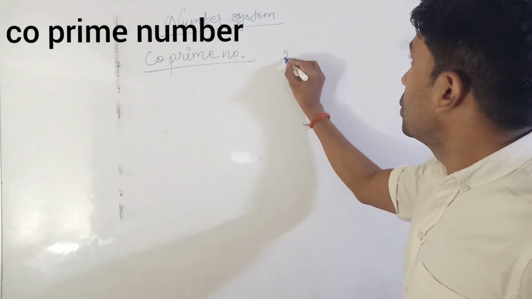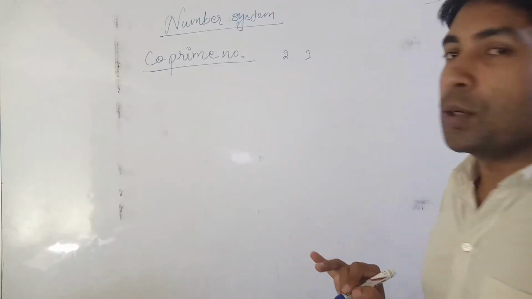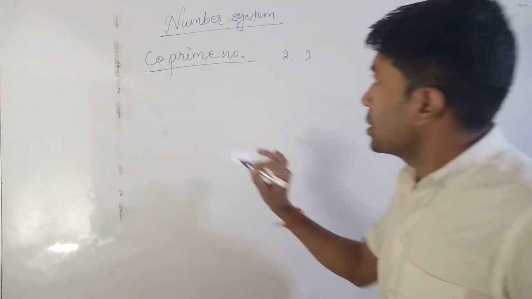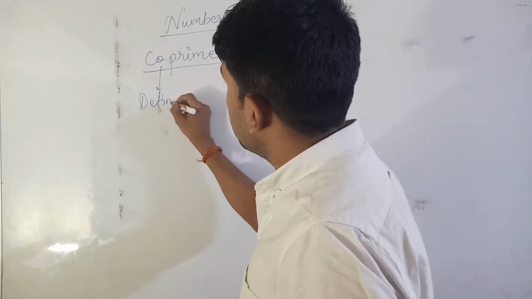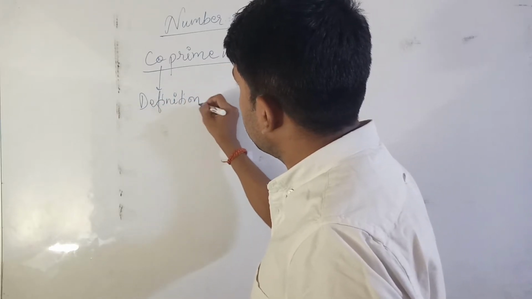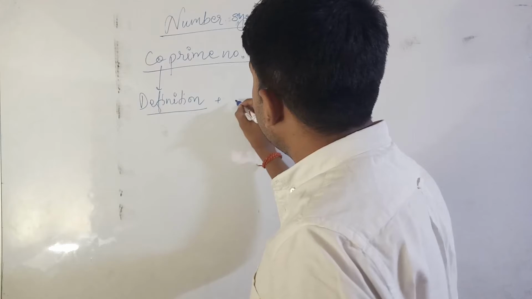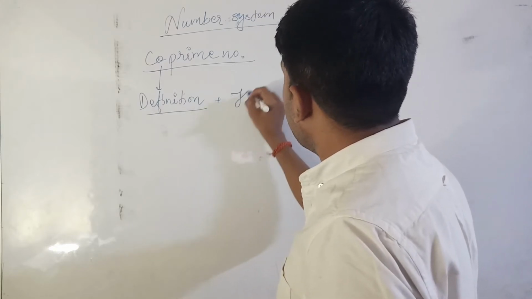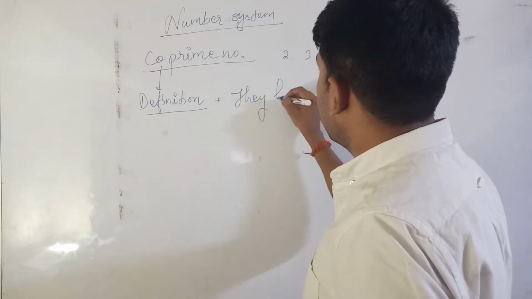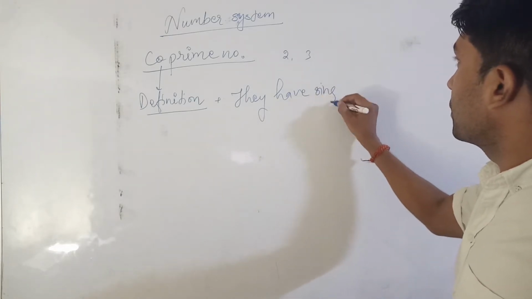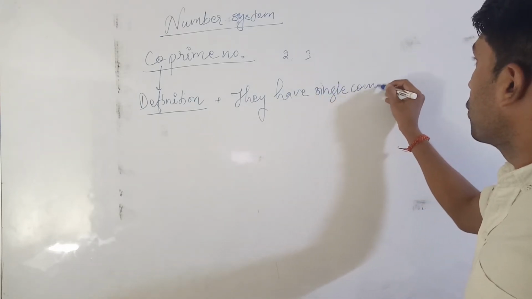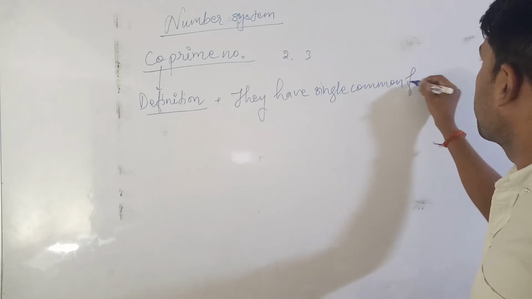Suppose I have 2 and I have 3. If they have a single common factor, that is the definition of coprime numbers.